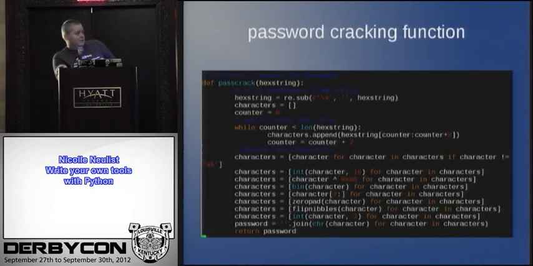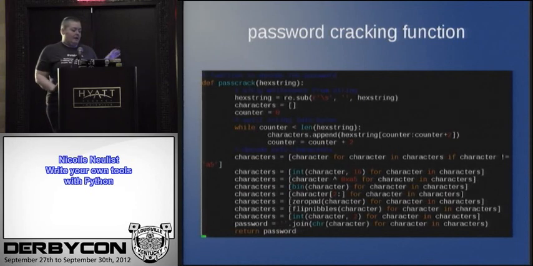Speaking of cracking the passwords, there's the function to decode the password. It takes one string, because it's later in the program, this is just a function, this isn't the main code. In the main code, it's called, it iterates over the items in the list of hex strings. It strips all of the white space, that's at re.sub line.